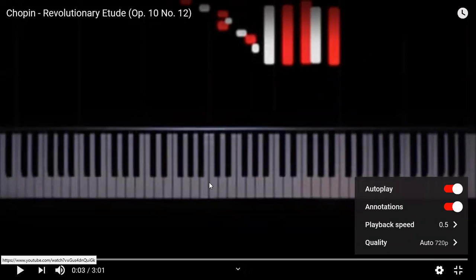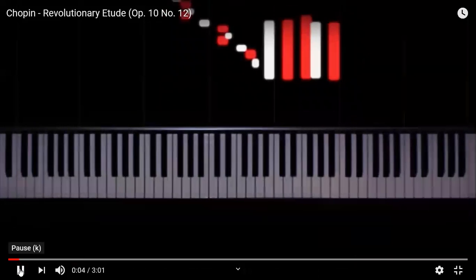Notice it goes down and then usually up by half step, up by half step. So the very idea of this left hand line is very chromatic, right? Because we have all these half steps.